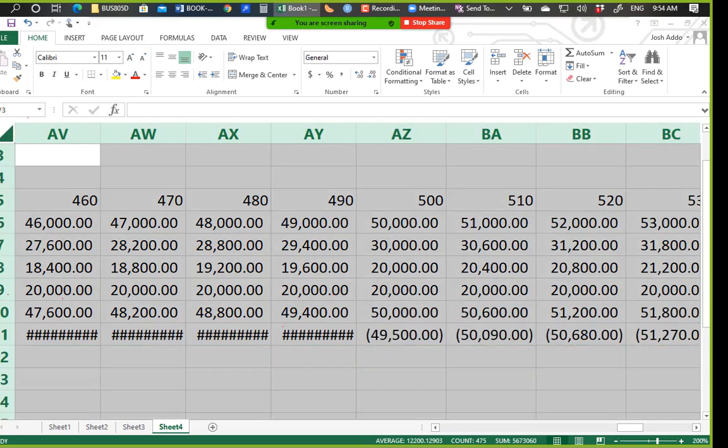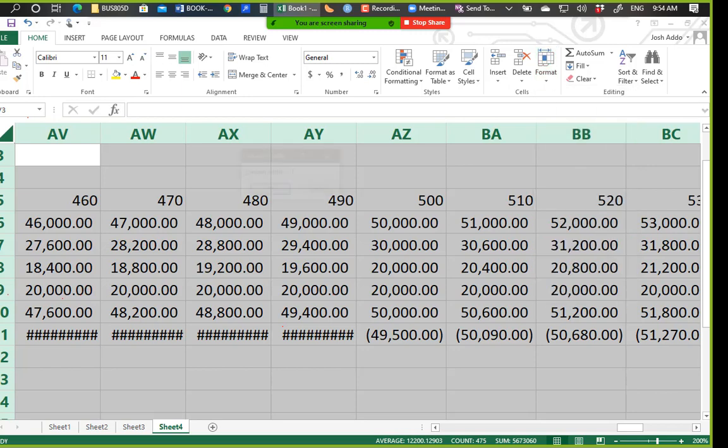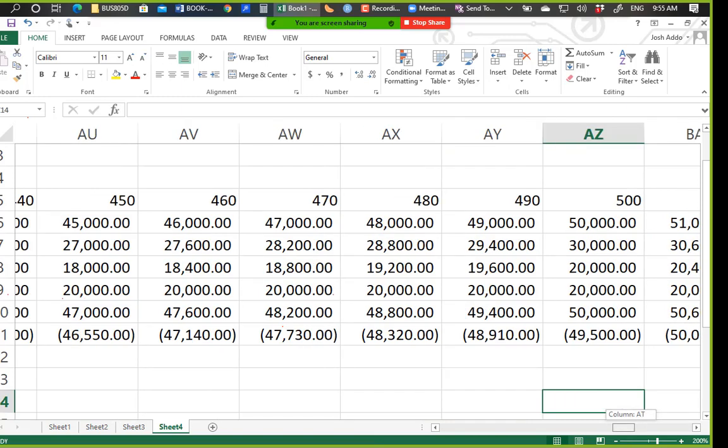Let me even select this and go to cell size. Okay, so fantastic.